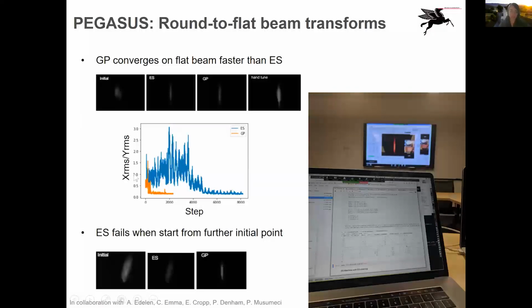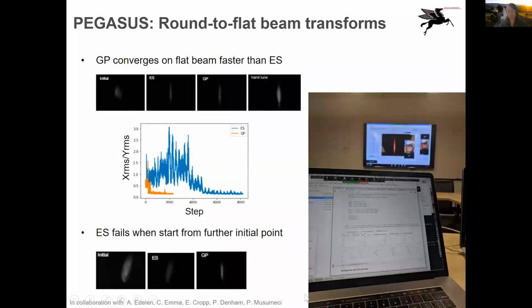This is how it looks. The objective x over y, we can see the GP converged here. When we started from a further initial point, you can see this initial point is much blurrier than this one. ES failed to converge, whereas GP was able to converge on a nice flat beam.